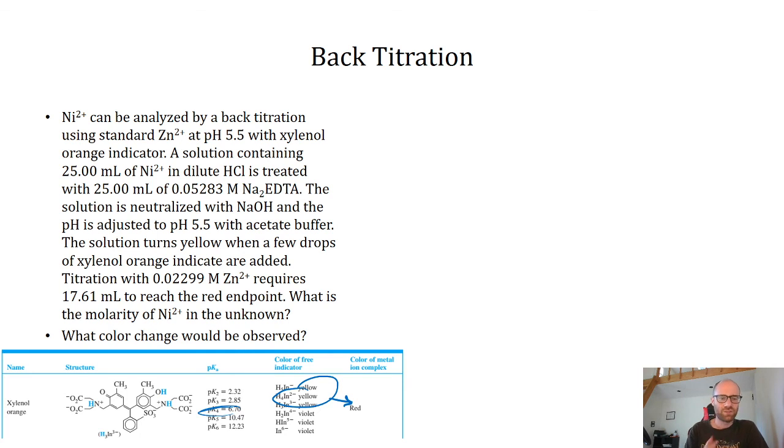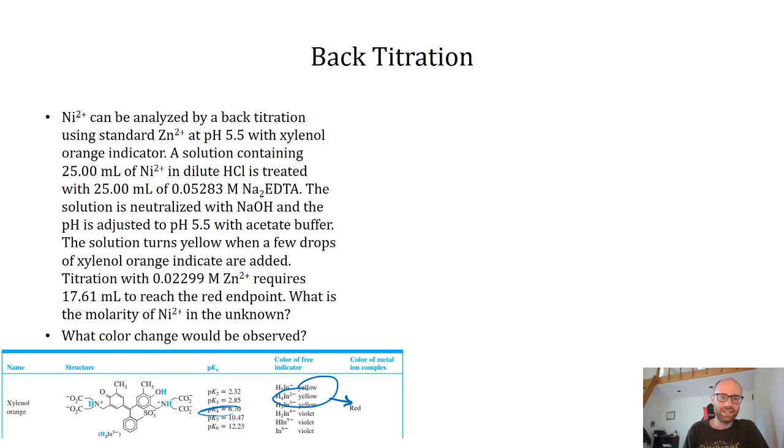Anyway, to try and figure out the molarity of the unknown, we just have to do a little bit of math. And the first thing I want to say is that, these are some low concentrations, we don't need to work in moles. But we do need to know amounts.